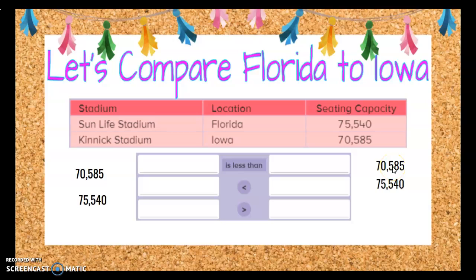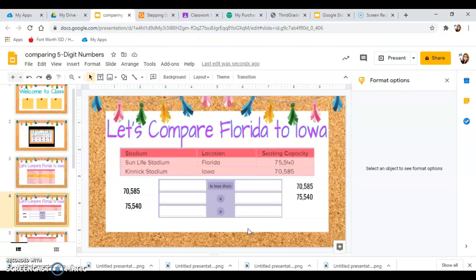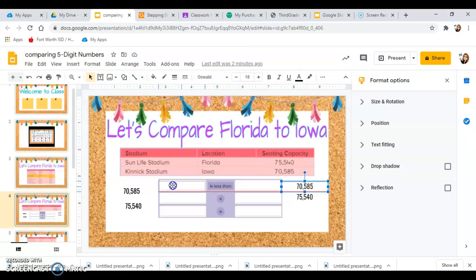So now that I know that 70,585 is the smaller number, I'm going to place my numbers in the correct slot so that my number sentences are true. My first spot is blank, and I'm trying to fill in blank is less than blank. So the number I can fill in first is 70,585. 70,585 was smaller.